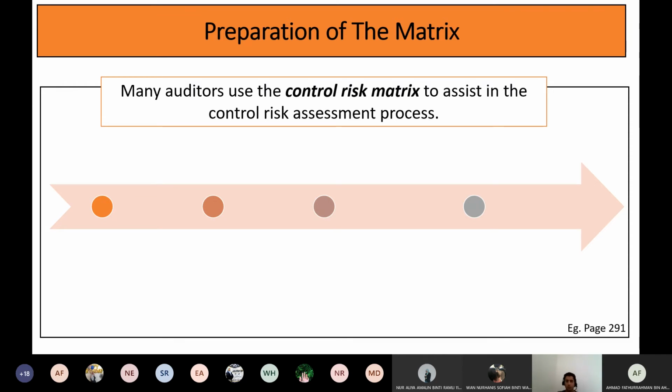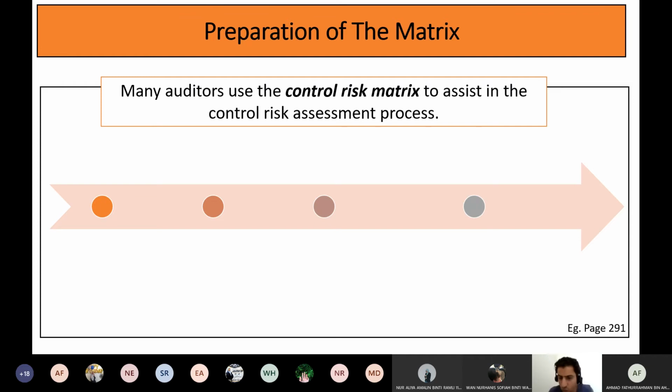Next is controls with related audit objectives. We need to see what controls should be in place, and lastly we need to identify and evaluate the control deficiencies.